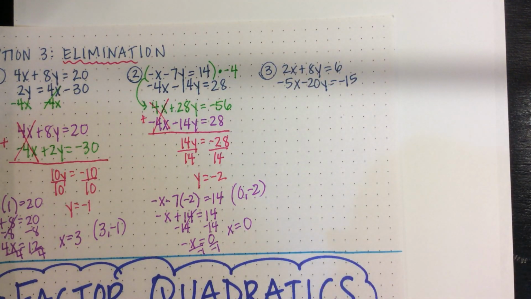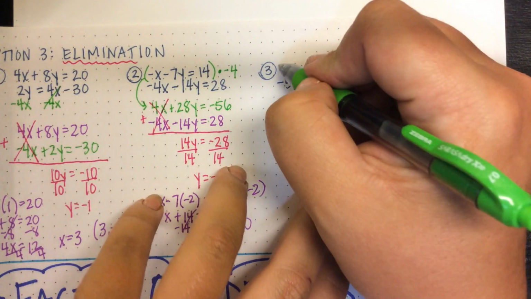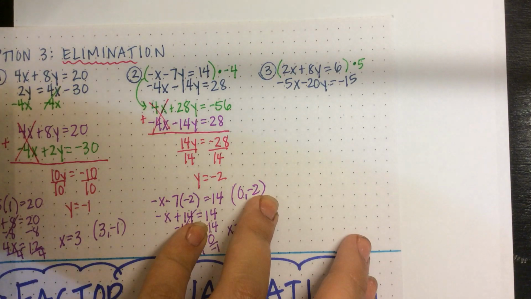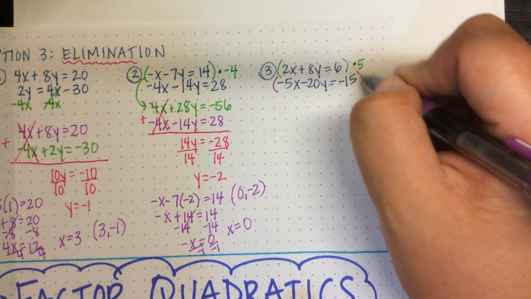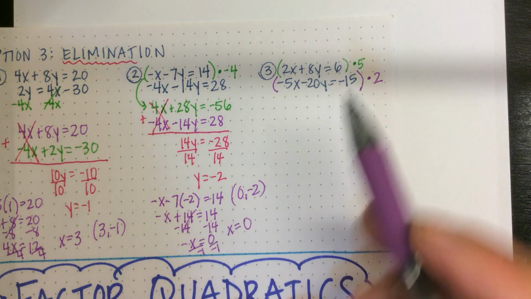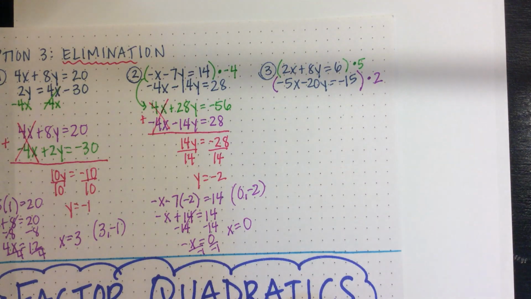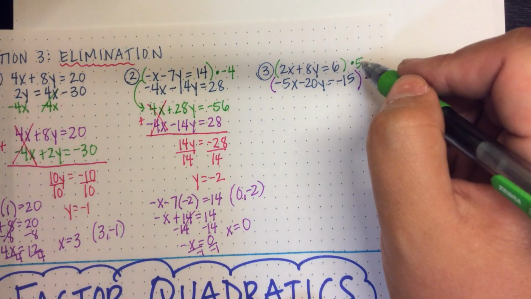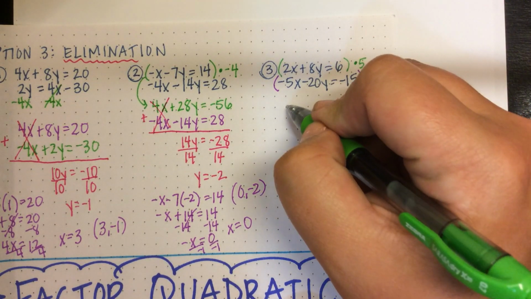Well, 2 and 5 both go into 10. So that means I can multiply the top equation by 5, and that's going to get me to a 10. And then I can multiply the bottom equation by 2, and then that'll take my 5 and get it to 10. And I already have one positive and one negative, so I don't have to worry about changing signs. All right, so I'm going to take the top equation and multiply it by 5.